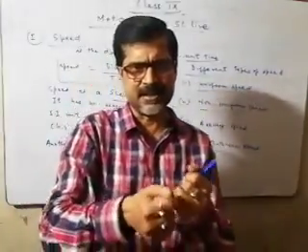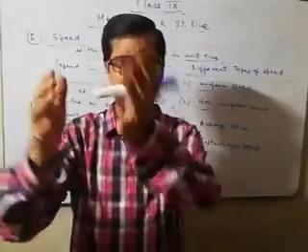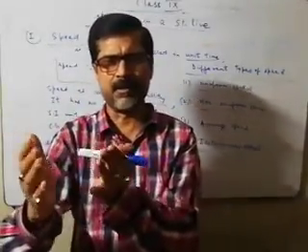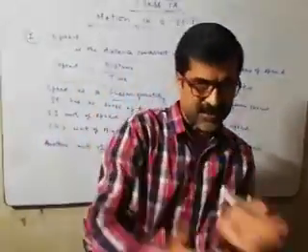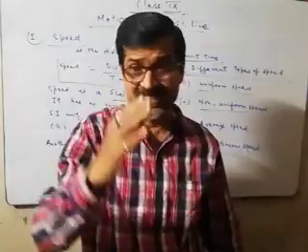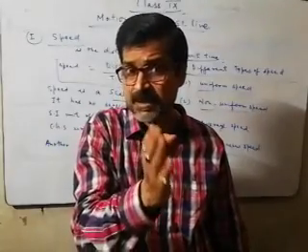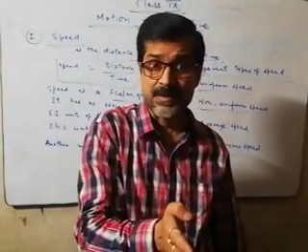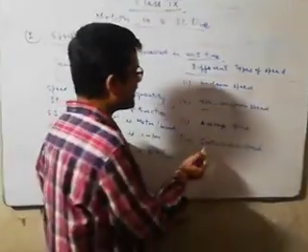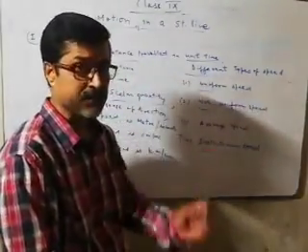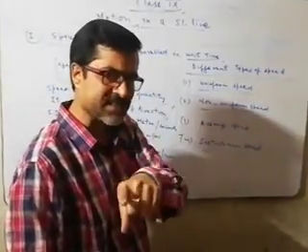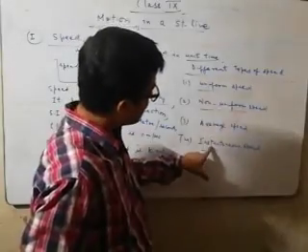Then I can increase when I move to a highway or main road, maybe 40, 50, 60 km per hour, and I can decrease when a breaker is there. So the speedometer gives the measurement at that instant. That speed is known as instantaneous speed.